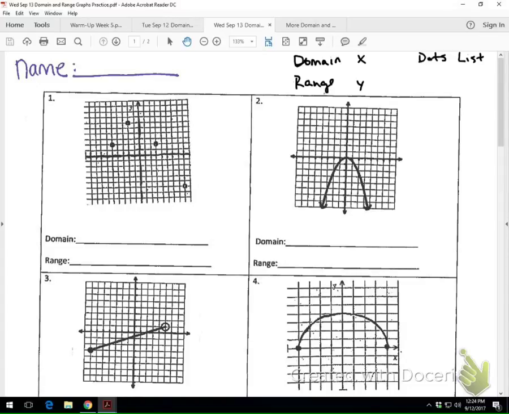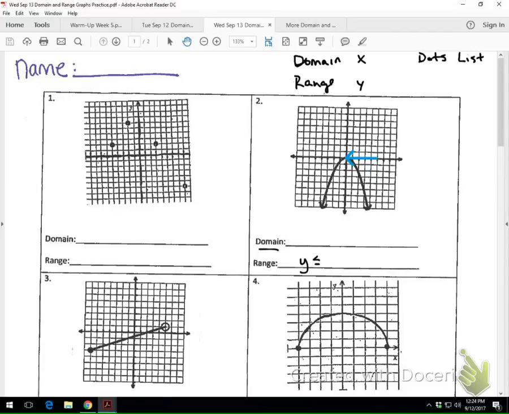So if you go back to your notes, you should know what domain is automatically, no matter what. It's your range that's going to be this: y is less than or equal to whatever the curve is at the y-axis. I'm going to let you figure out that number.